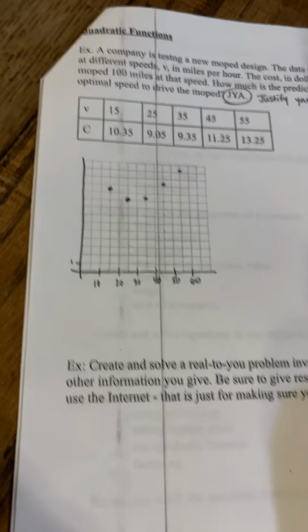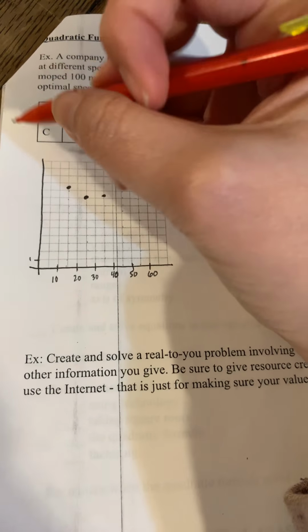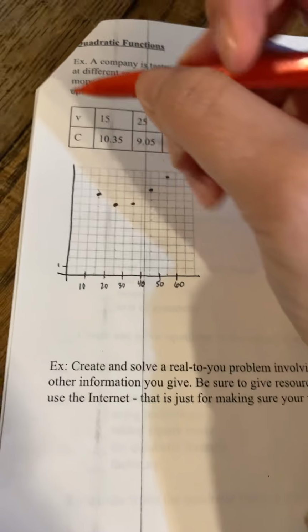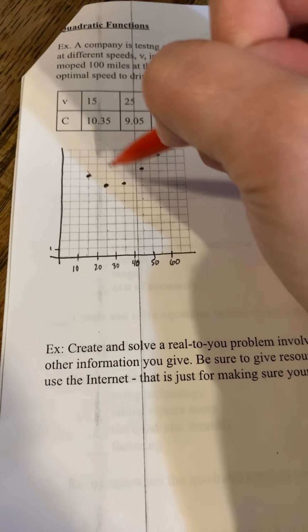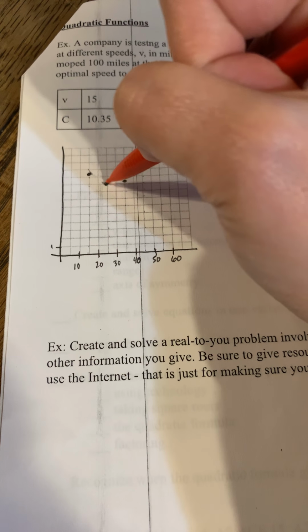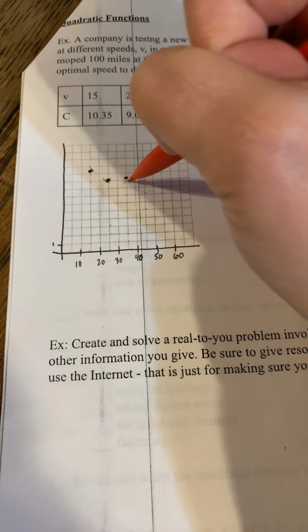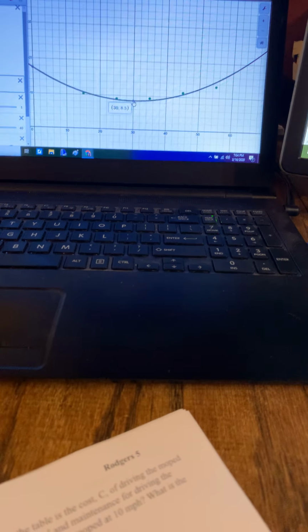Okay, and then we can draw our picture, and you're just going to kind of estimate it from your Desmos one. It's no big deal. I'm going to kind of go above this a little bit. And then below this one, and then well below that one. So it looks like our vertex is at 30, 8.5.